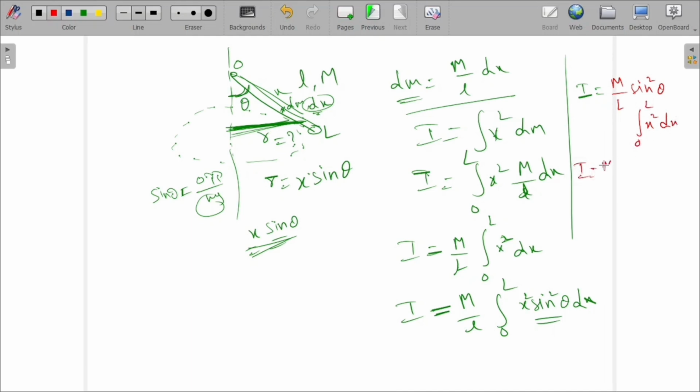So I equal to m by l sine square theta into x cube by 3, that means l cube by 3. Here one l gets cancelled. So I equal to m l square by 3 sine square theta. Okay, this is the moment of inertia of the rod.